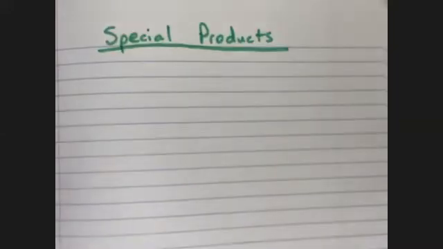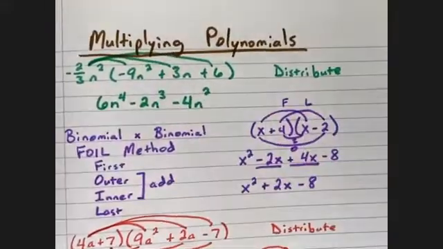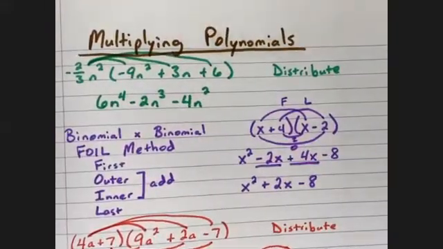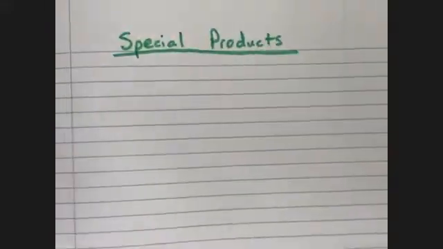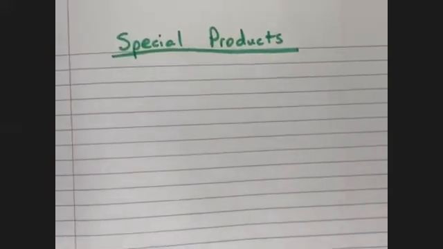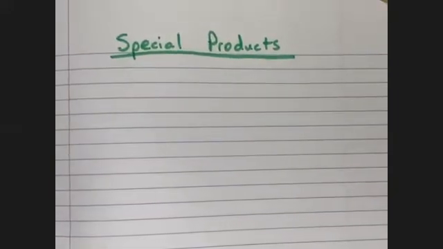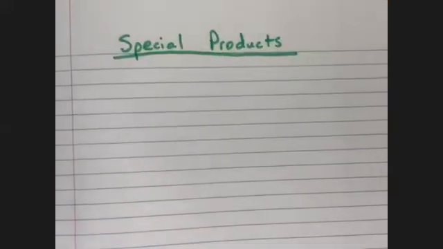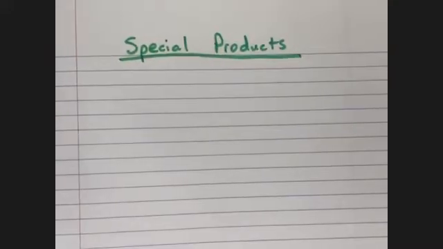If you can't learn them, then by all means, distribute, FOIL, or use the box method like we did the other day. The nice thing about this is that you can still get the right answer even if you don't remember these special products. It just is a little faster if you do remember them.